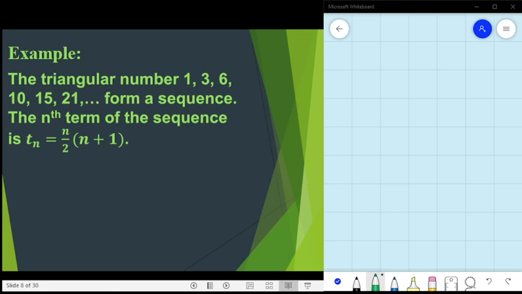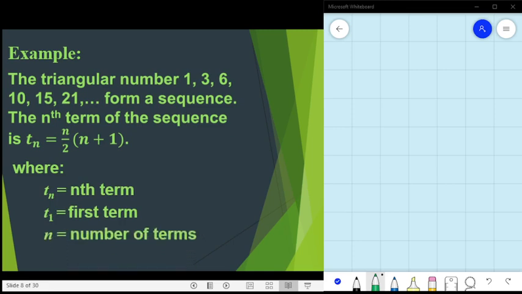So the nth term of the sequence is t sub n is equal to n over 2 times quantity n plus 1, where t sub n indicates the nth term, t sub 1 is the first term, and n represents the number of terms.